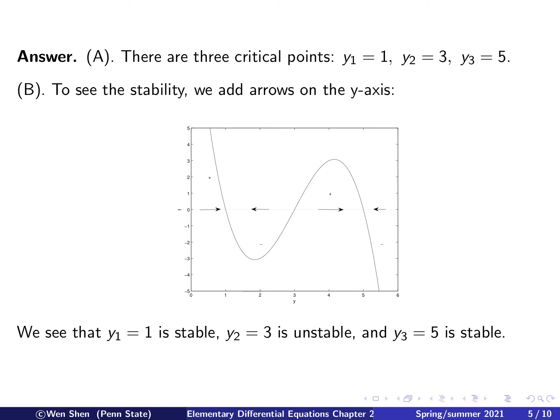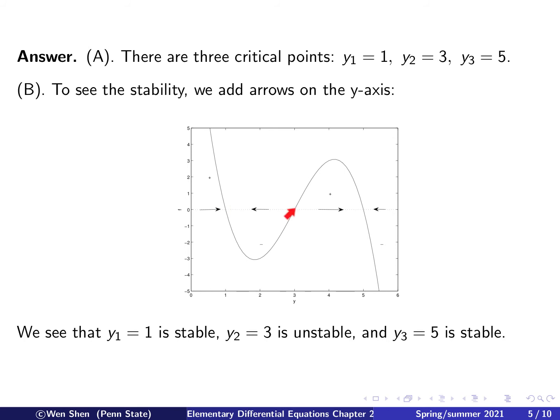Now let's answer question B. What about the stability? To figure that out, we can just look at the graph of f. We see that there are 1, 2, 3, 4 intervals of y values where f has a distinct sign. For y less than 1, f is bigger than 0, so y prime is positive, the solution increases, so we add an arrow.